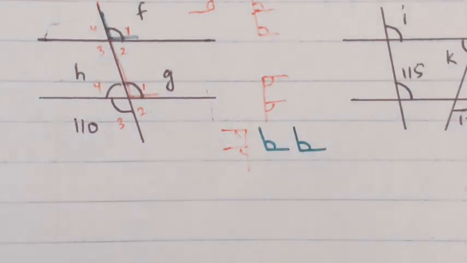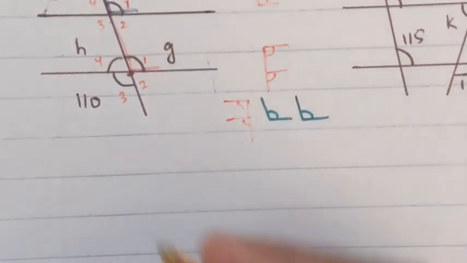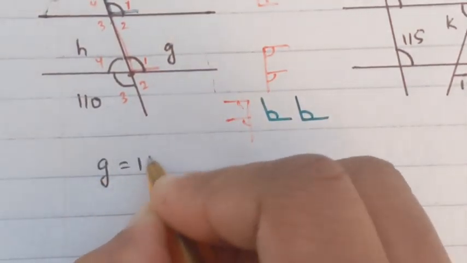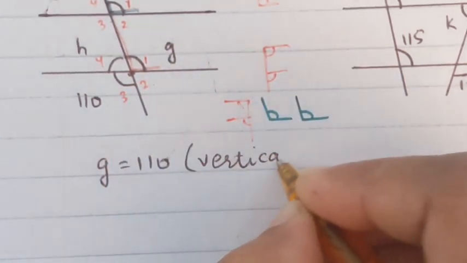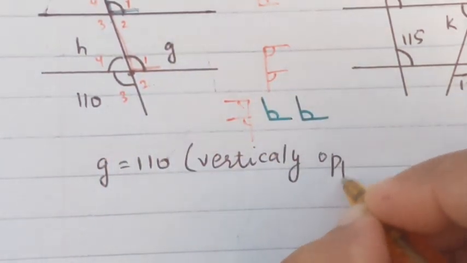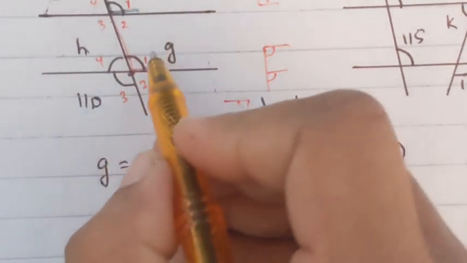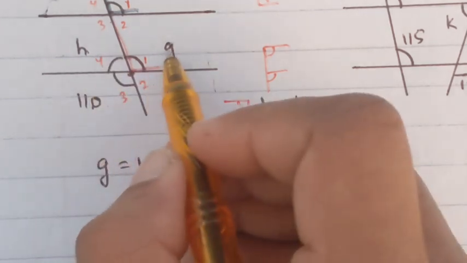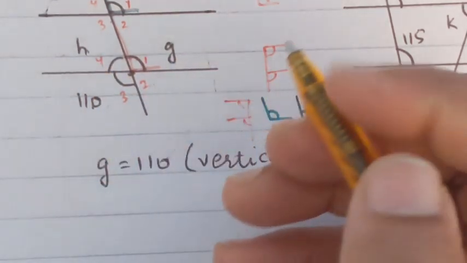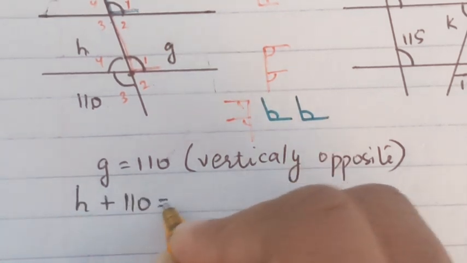So how are we supposed to solve it? We know that angle G and 110 are equal to each other. So we can say that G is equal to 110. Why? Because they are vertically opposite. For angle H and 110, we know that H and G are supplementary, so H and 110 are also supplementary. The equation we will make here will be H plus 110 equals 180.